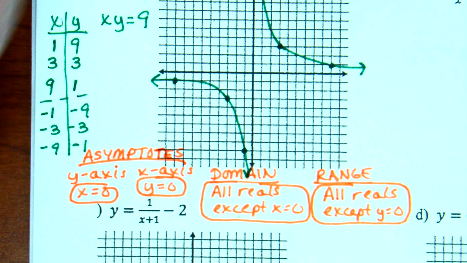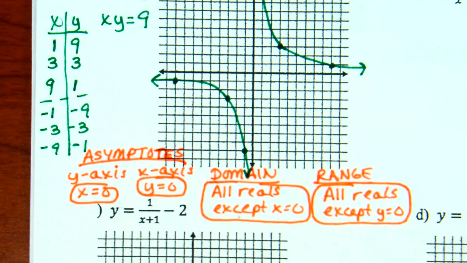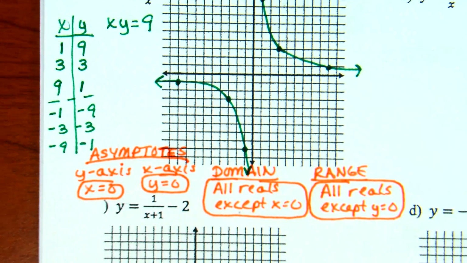And I will say one thing: don't ever just tell me all reals except 0. I need all reals except x equals 0 or y equals 0. Notice, domain is x equals a value, because domain is x. Range is y equals a value because range is y. Okay?